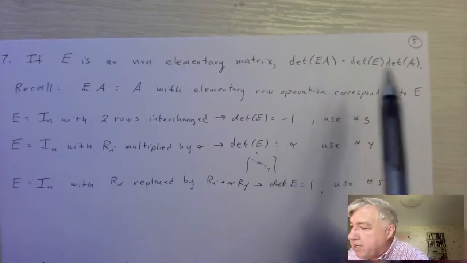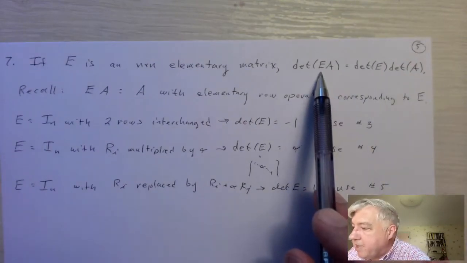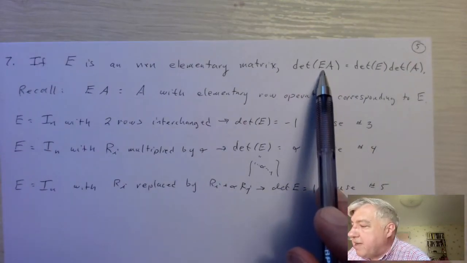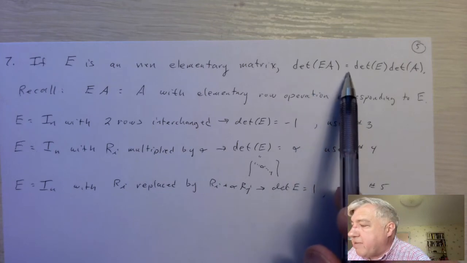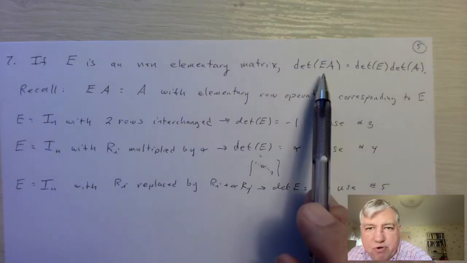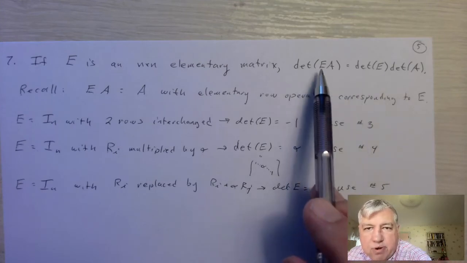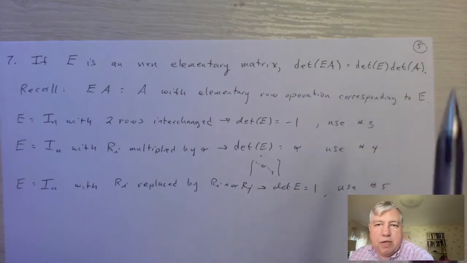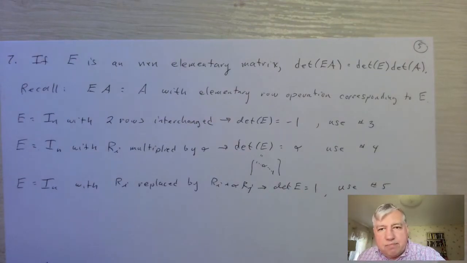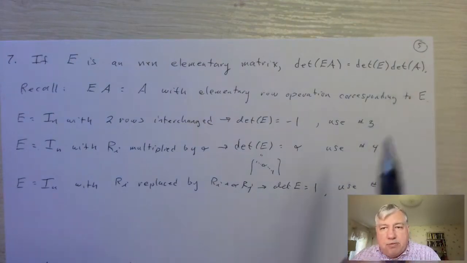So in this case, we have proven that the determinant is multiplicative in the case where one of these matrices is elementary. And in fact, A could be an elementary matrix too.